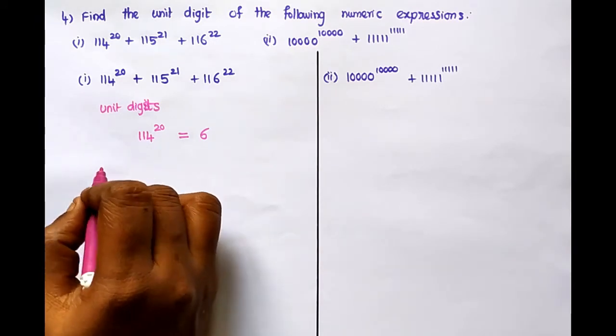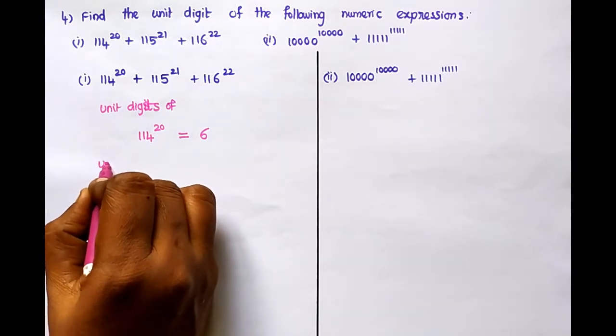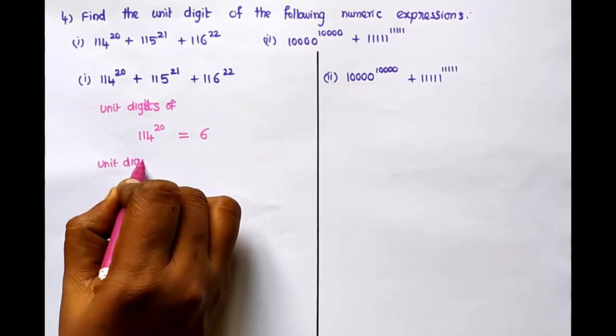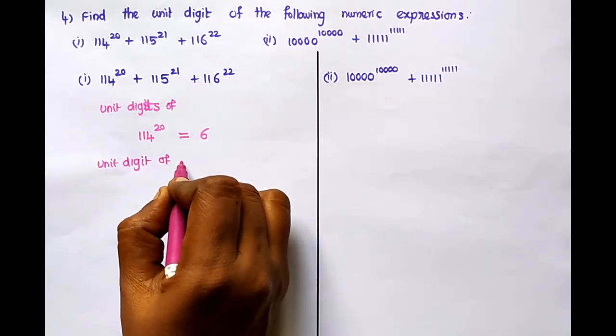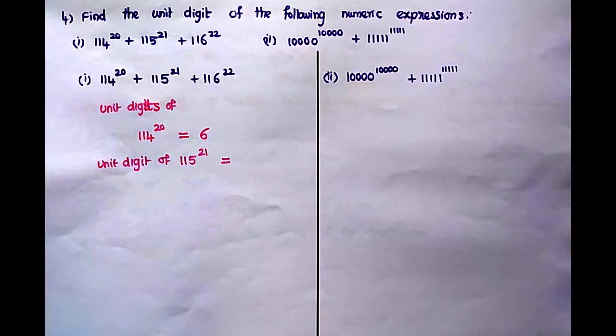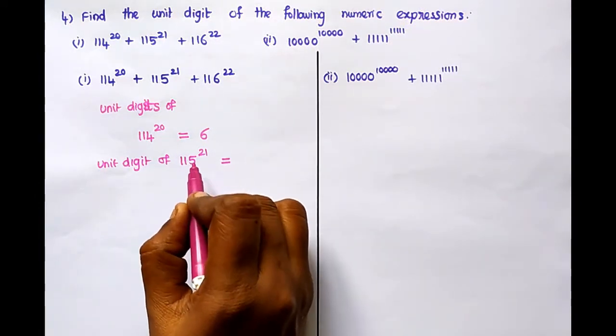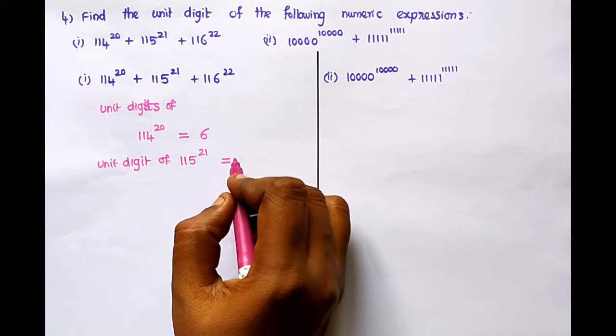And then unit digit of 115 power 21. Listen, base unit digit is 5. Power is odd.